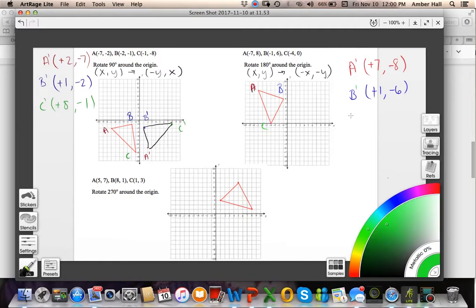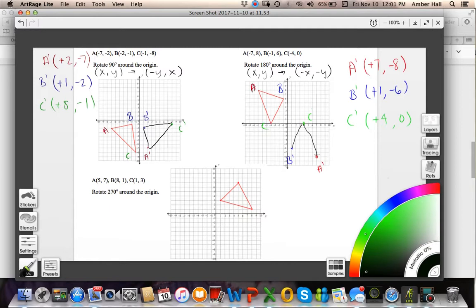And C prime was -4, 0, so it's just +4, 0, because 0 can't be negative or positive. And then we graph. +7, -8 is A prime. +1, -6 is B prime. +4, 0 is C prime. And connect the dots.